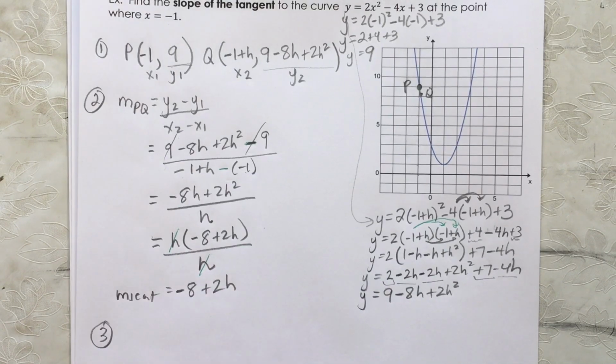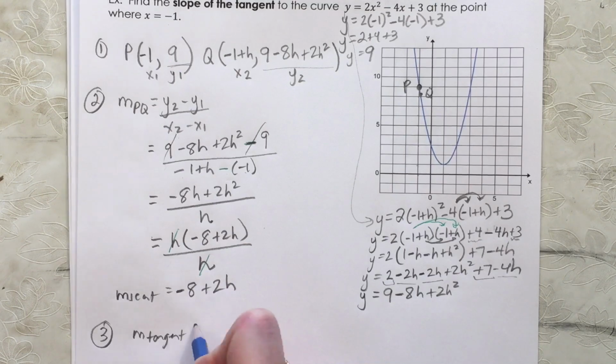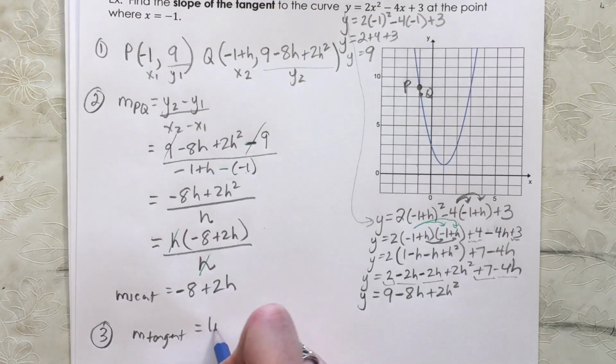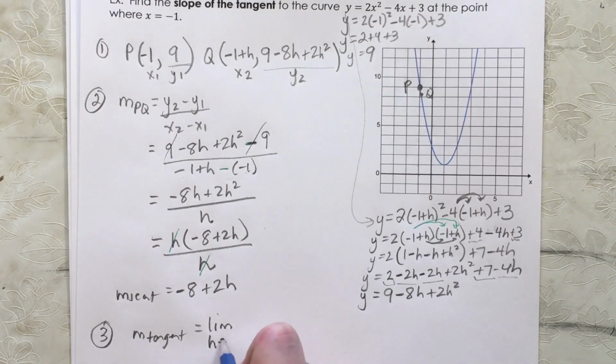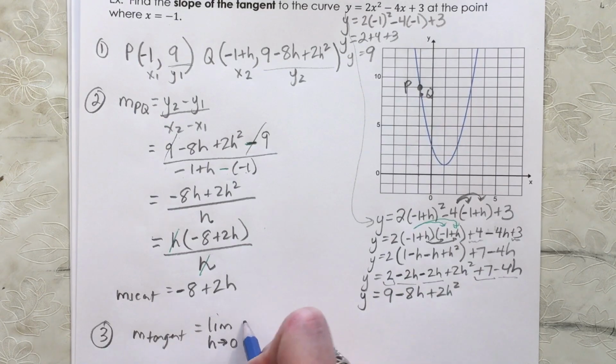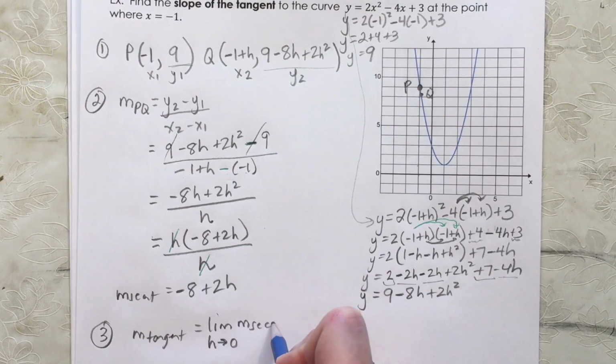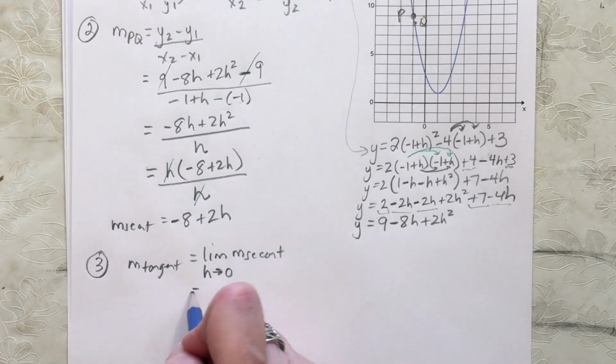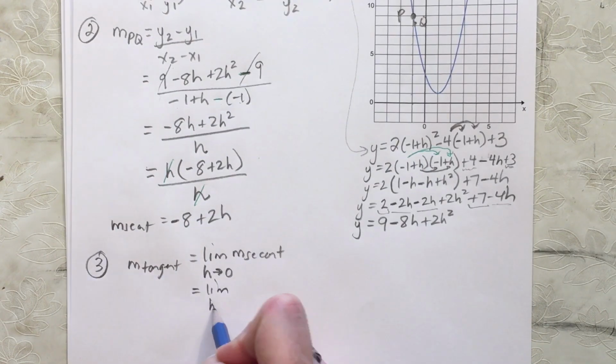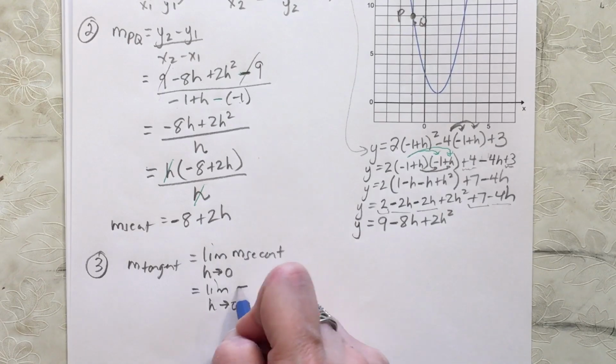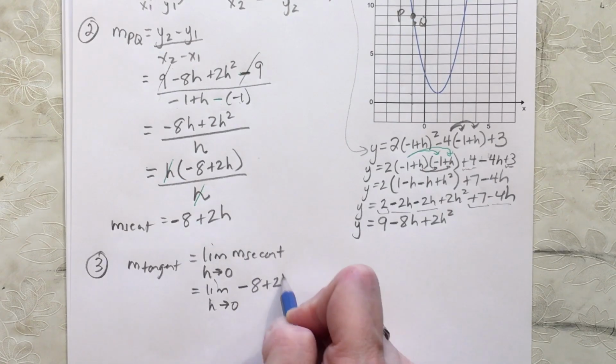Step 3 is the calculus part. So the slope of the tangent is going to be the limit as h approaches 0 of the slope of the secant, which is the limit as h approaches 0 of negative 8 plus 2h.